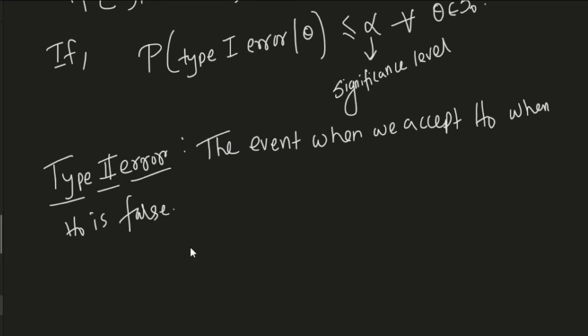So this is also a type of error, and it is basically called type 2 error. We can also call it beta of theta. So there are various ways of doing that. Since it is usually denoted by beta, you can write beta of theta, where theta is the parameter of the test statistic.